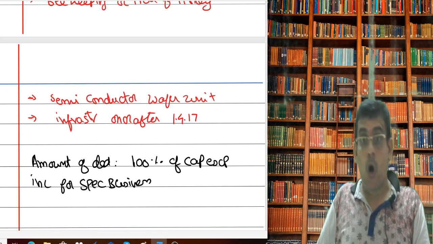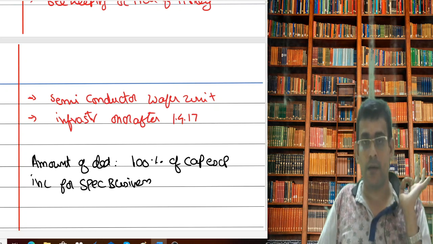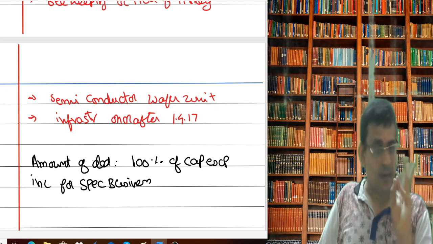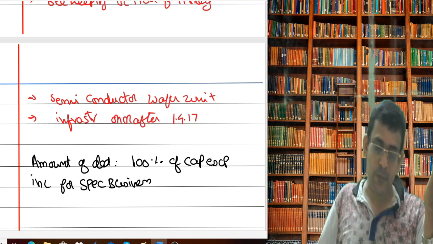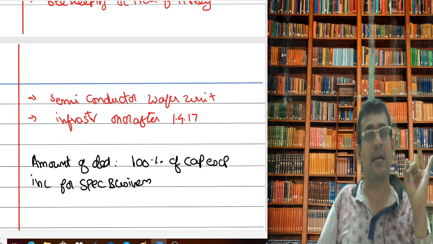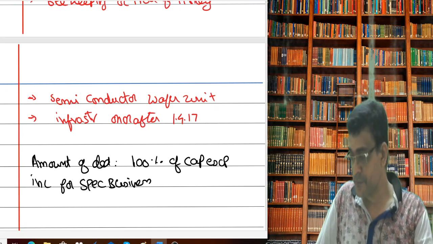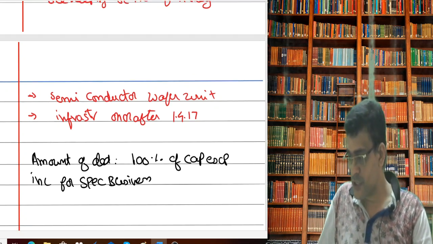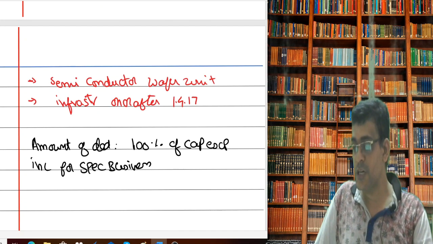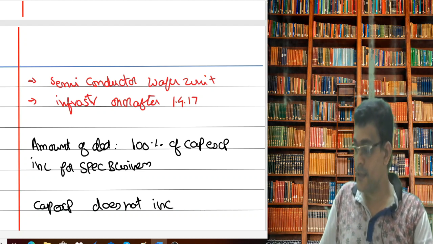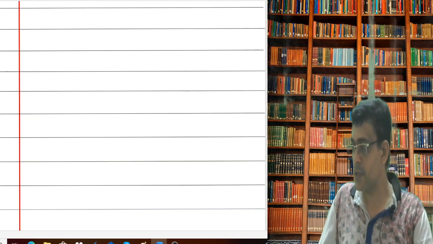Now always the fundamental: what does capital expenditure not include? Capital expenditure does not include land. In all cases land is not included, so land is not considered as a capital asset. Here let us write the list of what it does not include.